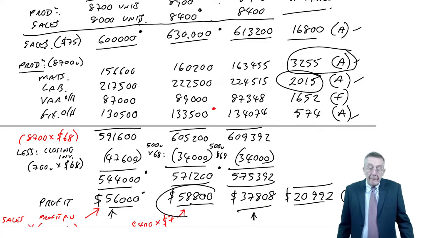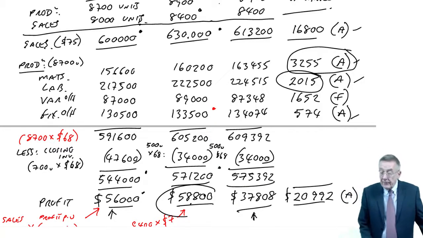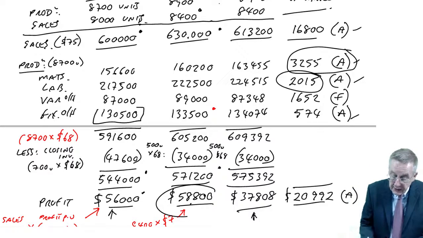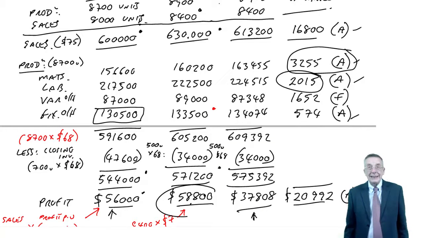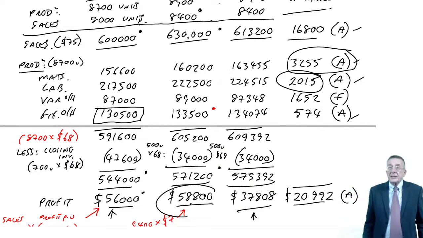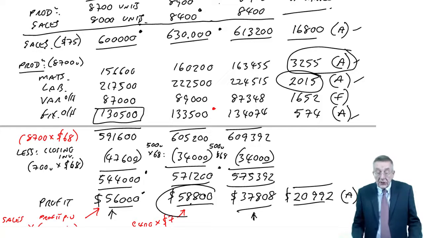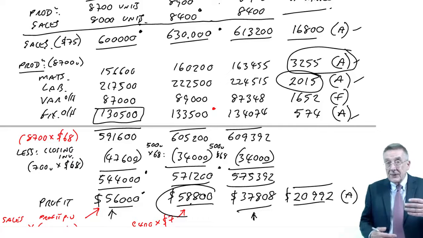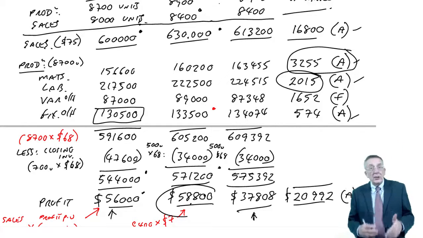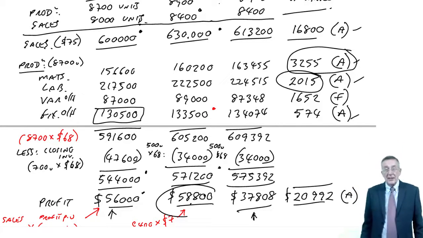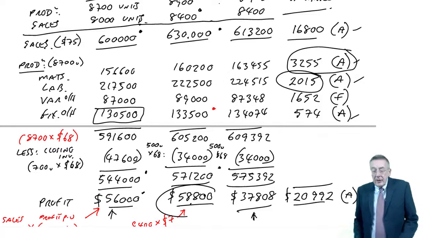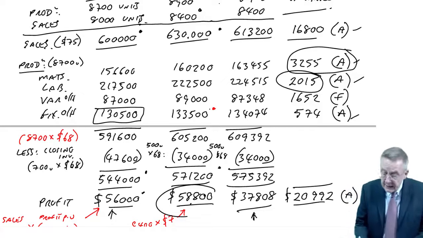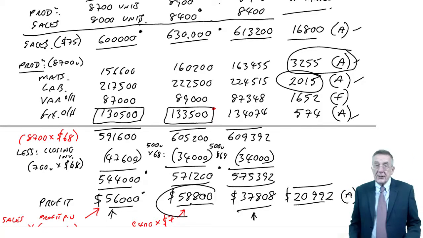And remember, we talked about this in the first lecture a bit, that fixed overheads we budgeted on at 130,500. And in real life, fixed means fixed, it should stay at 130,500 whether we produce more or less. But because we're using absorption costing, for the standard profit to be $7 a unit, it did mean we flexed the fixed overheads.